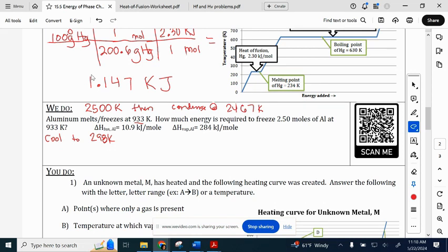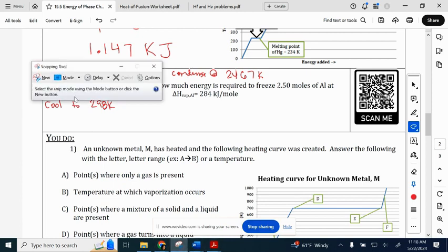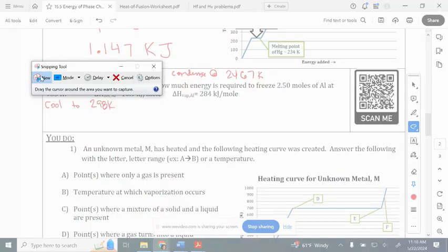All right. So step one with this is I'm going to snip this and bring it into a Word doc so I have more room to work with.